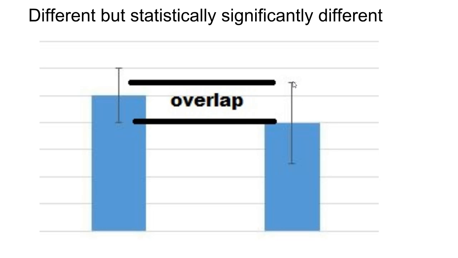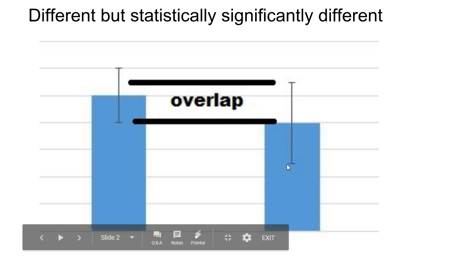So if I go to the top of this standard deviation and go across, I can see it's overlapping the standard deviation here of the other bar. Right there, as soon as there's any overlap, I know the data is different, but not statistically significantly different. Okay, there's no statistical differences.